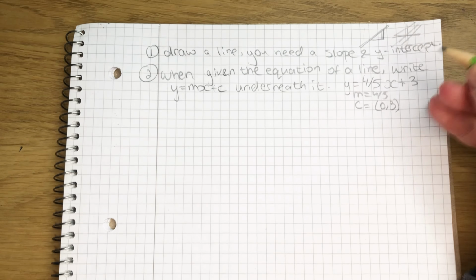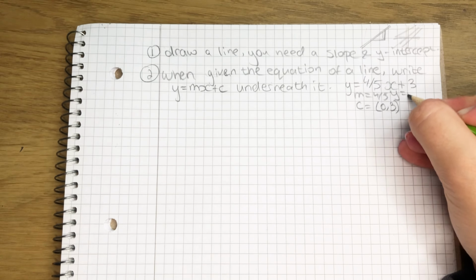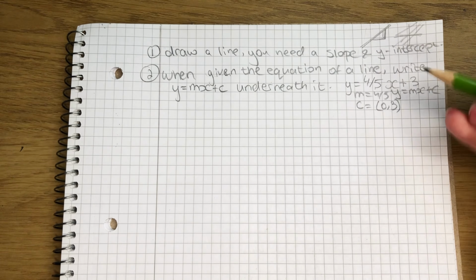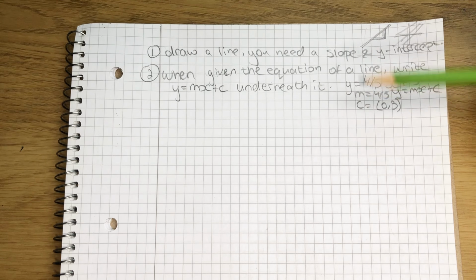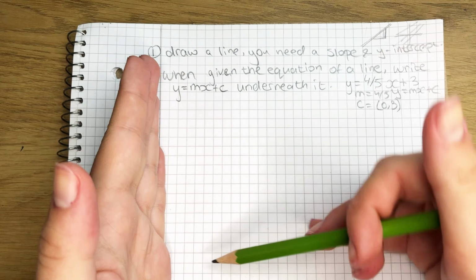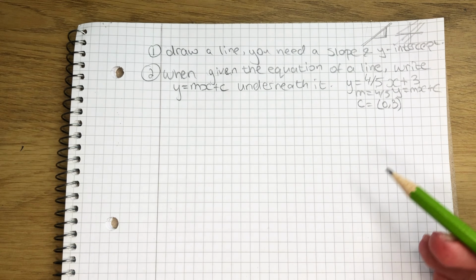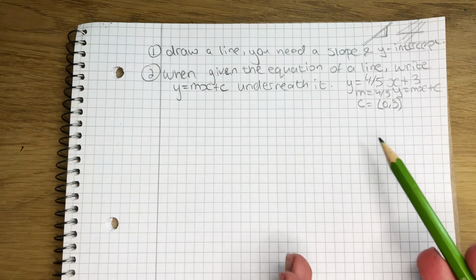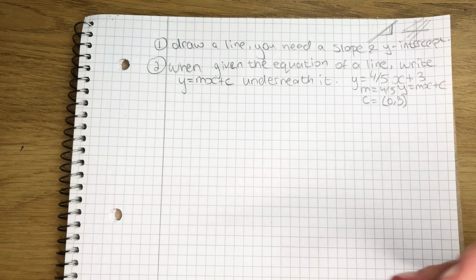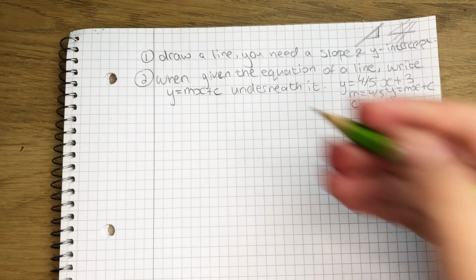The reason why I put y equals mx plus c underneath the question is because it gives us the indication: there's our y, there's our slope, and then we're going to ignore the x, sadly. And that's my y-intercept. It just gives you a clear indication on what is what.